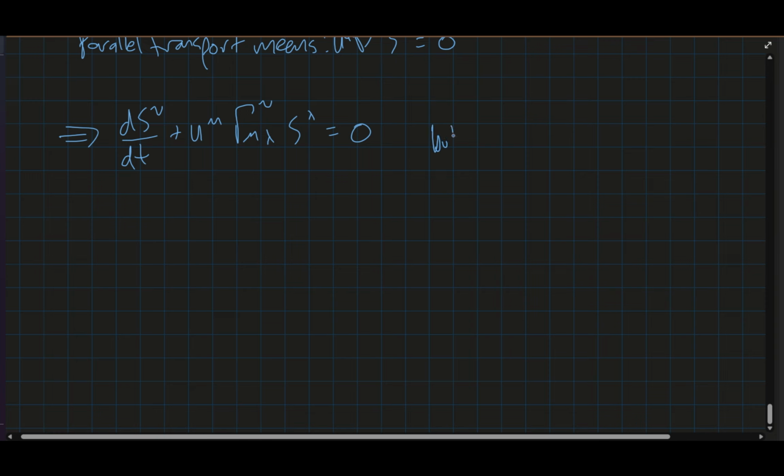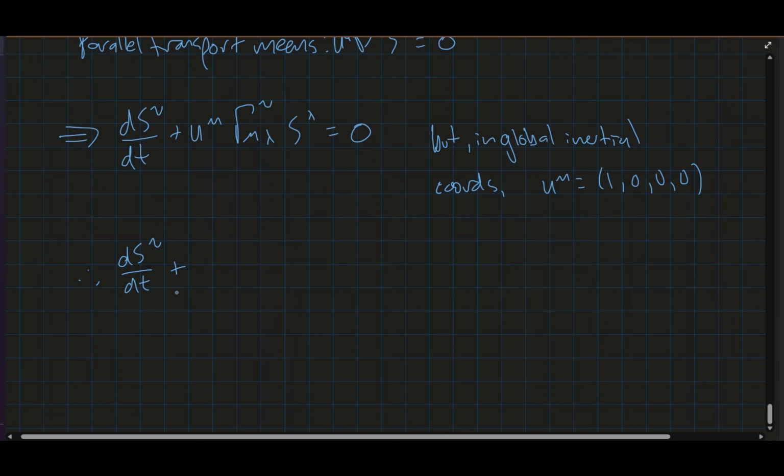But in global inertial coordinates, what is it? U^mu is basically this. So actually, we can just take this over to the other side and get rid of the u in the same step.